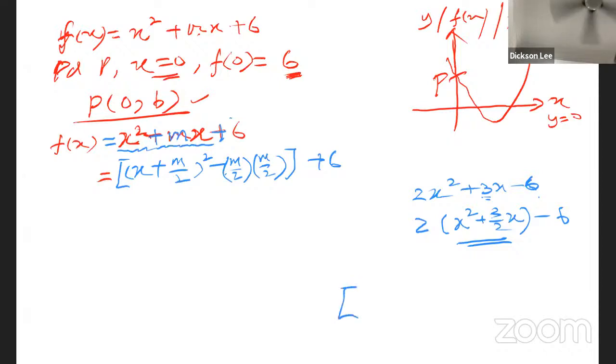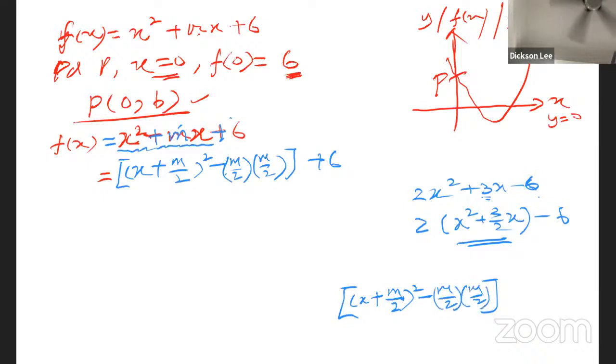Big bracket, small bracket, square, and then minus. And then write x. When it's plus, you put plus, when it's minus, you put minus. Then you look at the coefficient m here. If it's 6, you put 6 over 2. If it's 7, you put 7 over 2. And then m over 2 squared.